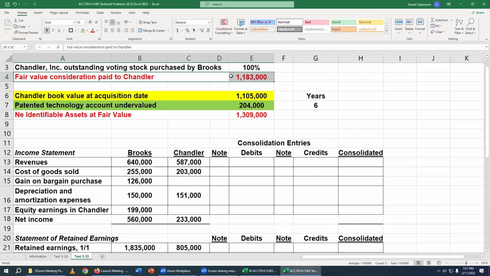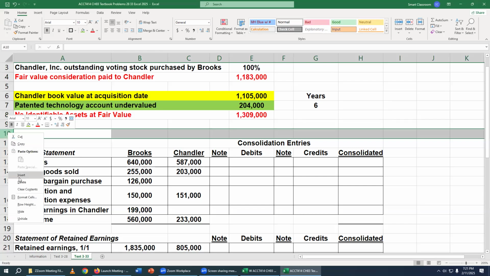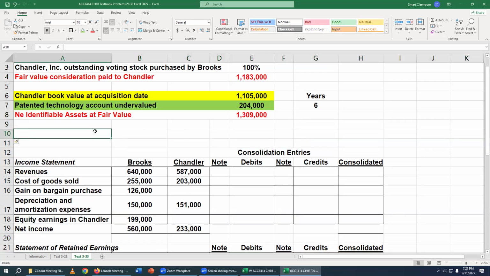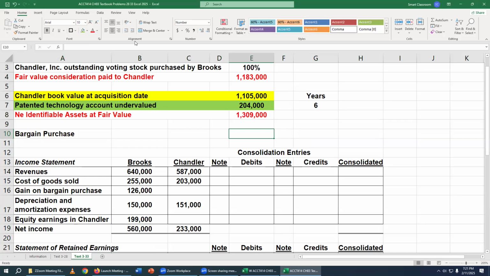They paid 1,183,000. They got 1,309,000 worth of stuff. We used to call this negative goodwill. Now we're going to call it a bargain purchase. And maybe that's why they bought it. Hey, that's a good deal, let's buy it. So this will be a bargain purchase of whatever the difference is between those.